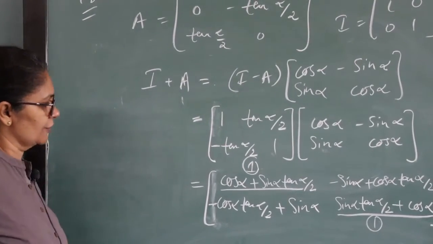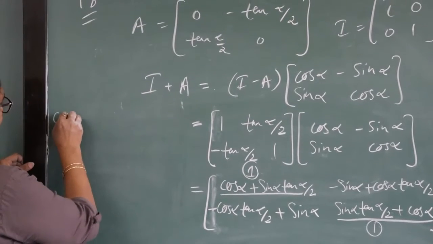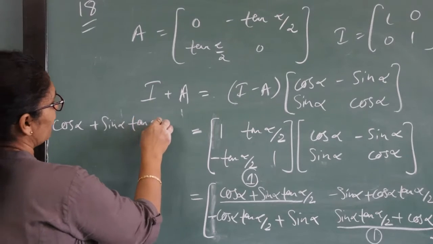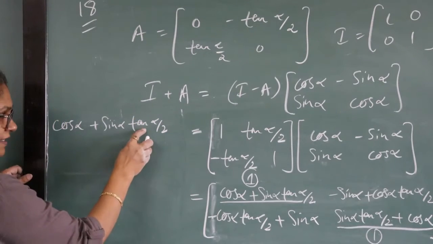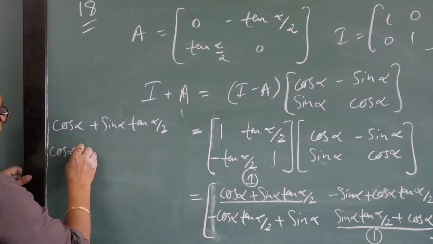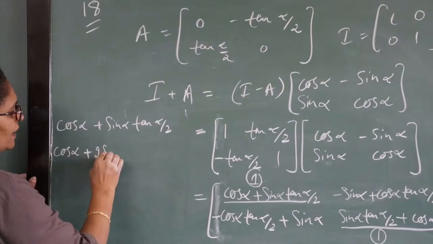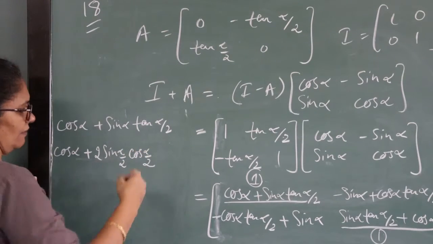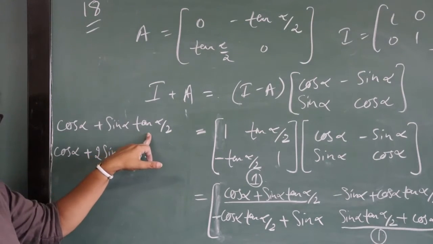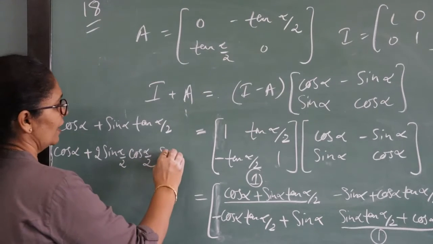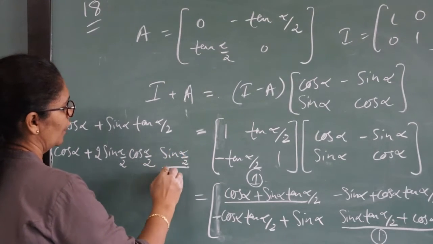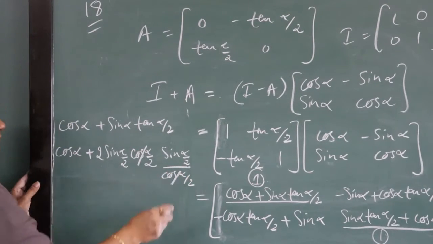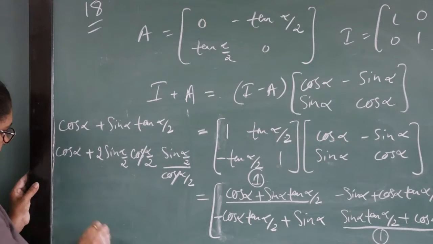See, cos alpha plus sin alpha into tan alpha by 2. We keep cos alpha as it is. In place of sin alpha we write its formula, 2 sin alpha by 2 cos alpha by 2, and tan you know is sin upon cos, so sin alpha by 2 upon cos alpha by 2. Now the cos alpha by 2 in numerator and denominator cancel.